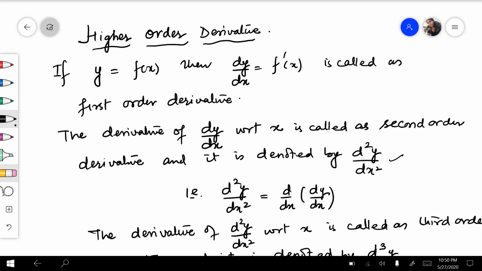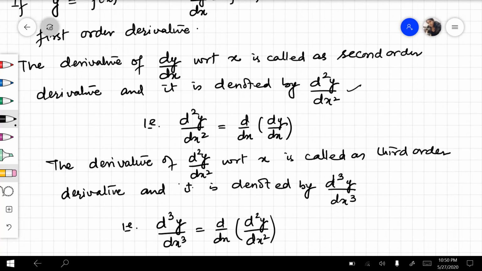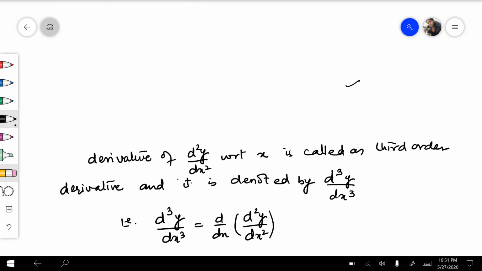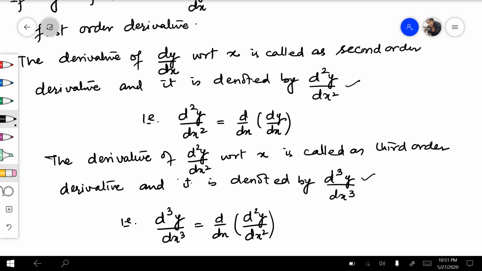That means the second order derivative of y with respect to x is nothing but the differentiation of dy by dx with respect to x. Again, if we find the derivative of d2y upon dx square with respect to x, then it is called the third order derivative and it is denoted by d3y upon dx cube, which is nothing but the derivative of d2y upon dx square with respect to x.